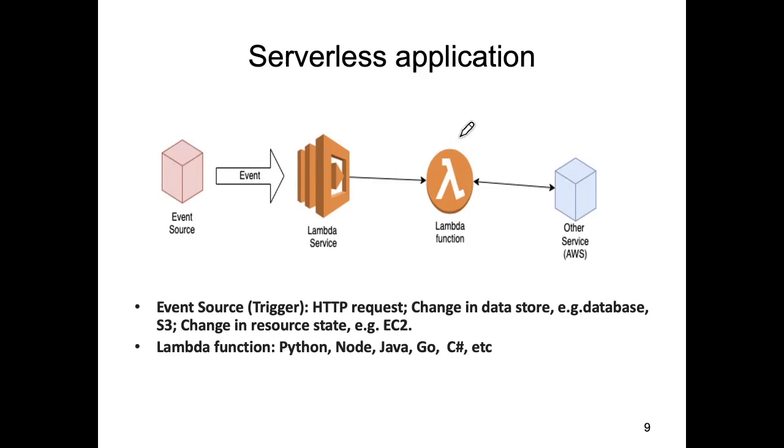Each of these Lambda functions is running inside its own micro VM. So again, as I said, if there's a high volume of concurrent occurrences of this event, then the Lambda service will create a number of micro VMs, and the number it creates scales up depending on the volume of the occurrence of the events.